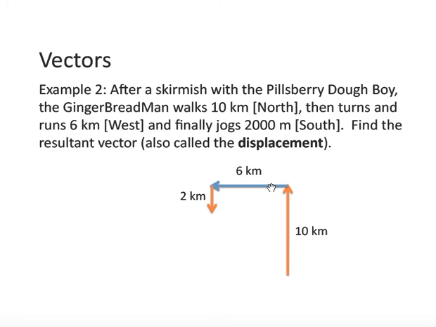So please use different colors when drawing these diagrams. There's our displacement, our resultant vector. Recall, we always draw it from where we started to where we finished. This looks like a complicated diagram, and it looks like it's going to be very challenging to figure out this displacement. Let's see how it's done.